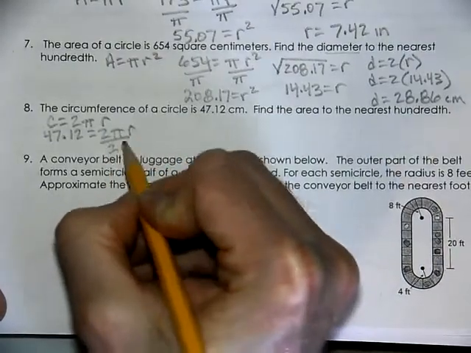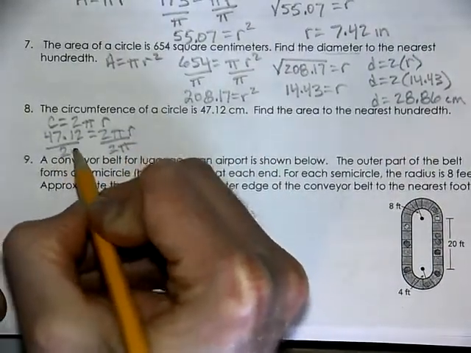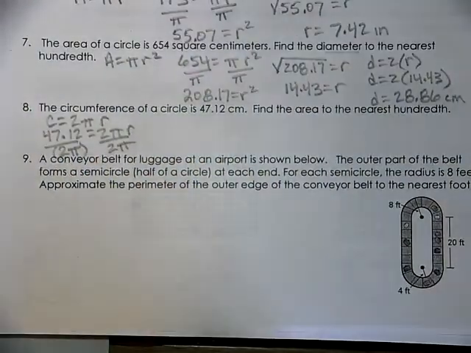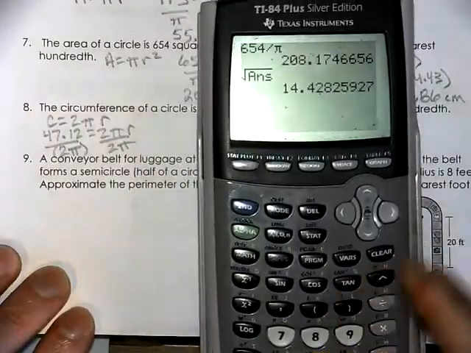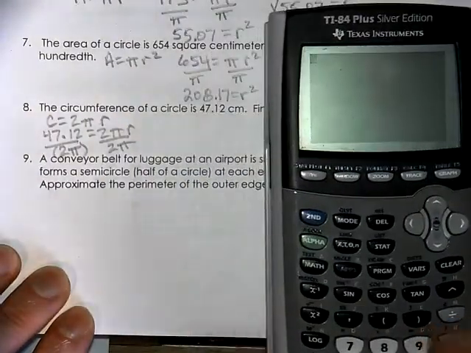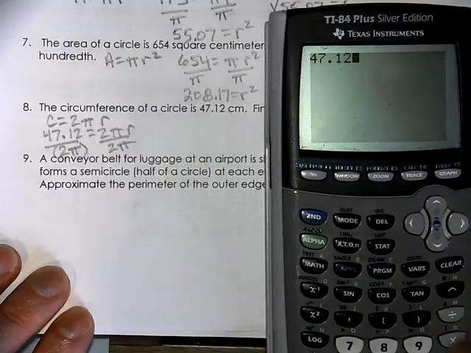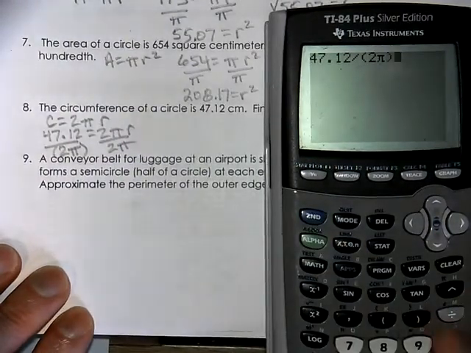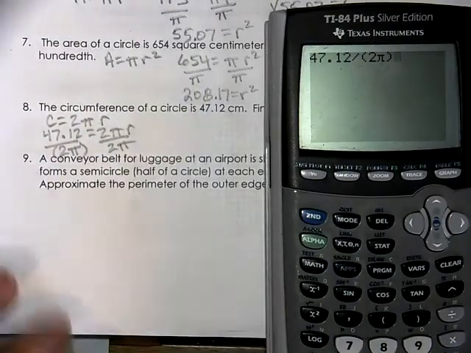So if I divide by 2 pi, I have to have parentheses around my denominator because I have two things down there. So I'm going to take 47.12 and divide it by 2 pi. You've got to use your parentheses.